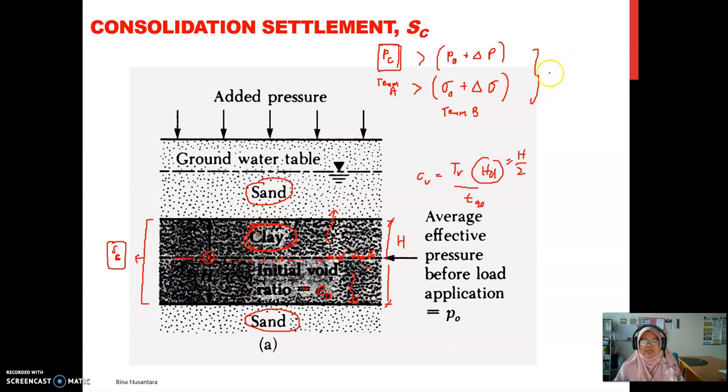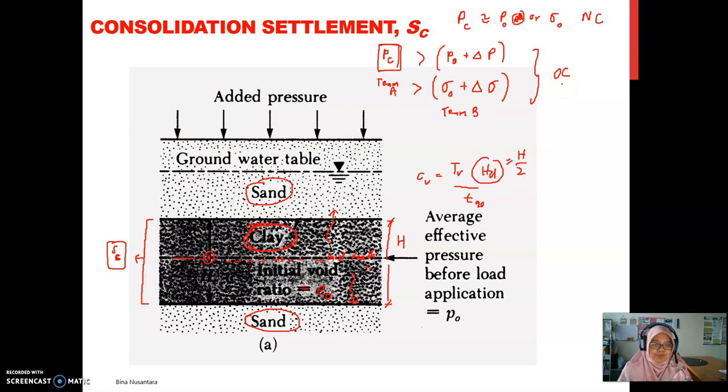However, if the P sub C and the stress naught are similar, especially P sub C being similar to P naught, then it is normally consolidated. This one is much more likely OC soil, over consolidated clay soil.